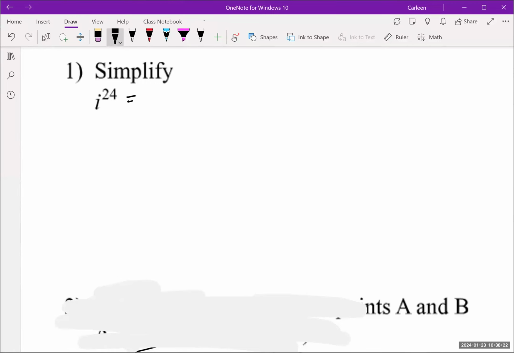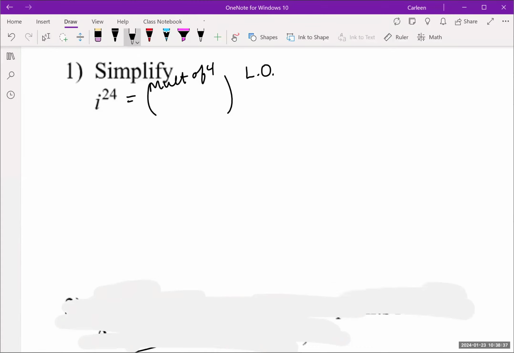Okay, so we're going to split this into a multiple of 4 and the leftovers, kind of like the square roots. Multiples of 4 and the leftovers. Okay, well, actually, i to the 24th is a multiple of 4.